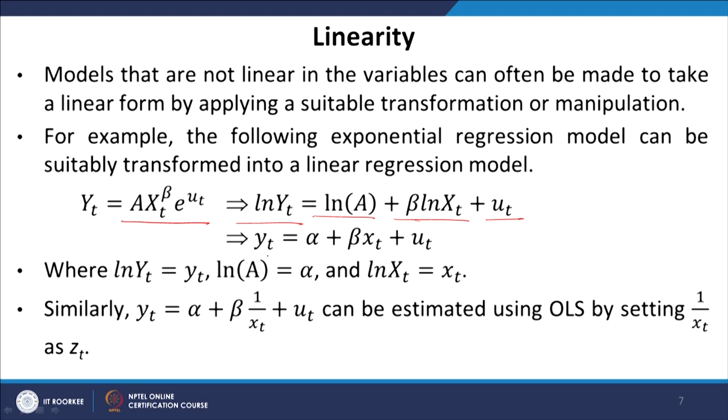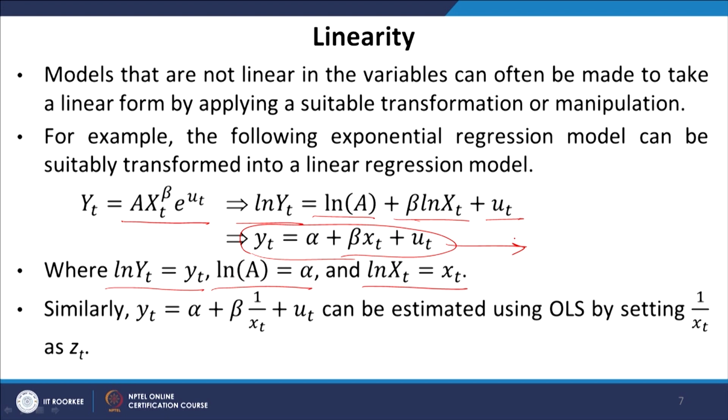And then if I call log y_t small y_t, and log a alpha, and similarly log x_t small x_t, then from this expression we can get our original regression model, or generally the way we write it. So, simply y_t equals alpha plus beta x_t plus u_t.